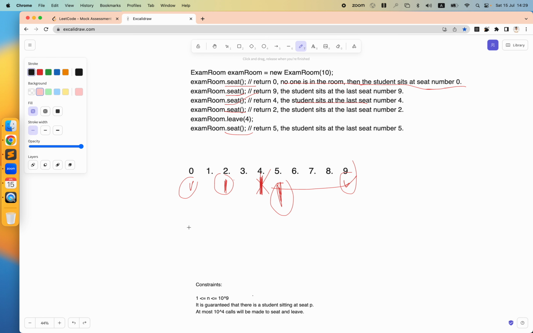How about if we store it as an array? Array is 0. It's empty, return 0.